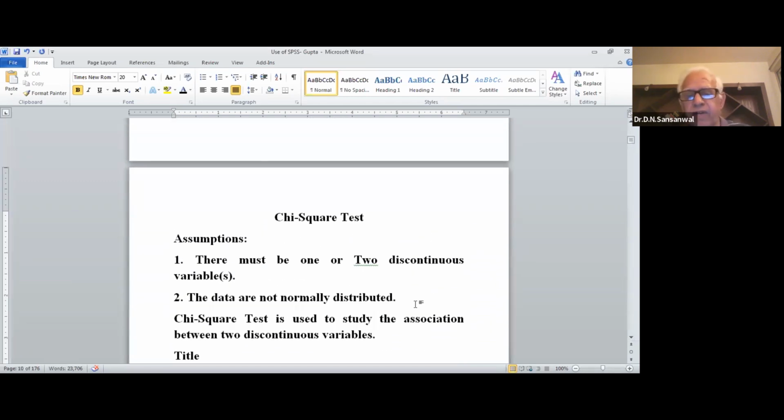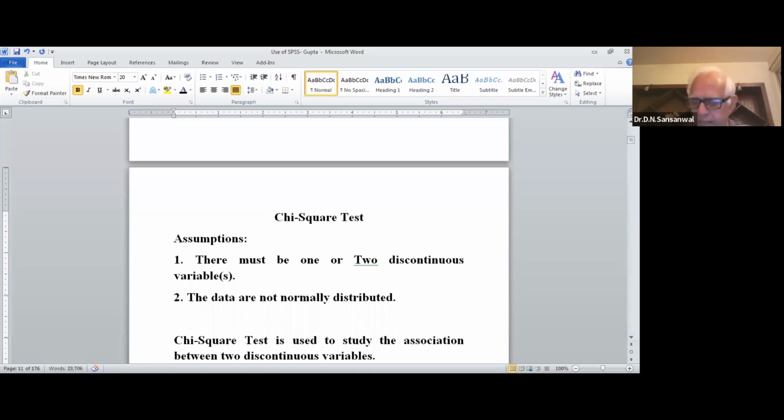My dear friends, some of you are asking me that if there are cells where the frequency is less than 5, so there must be at least 5 observations in each cell.